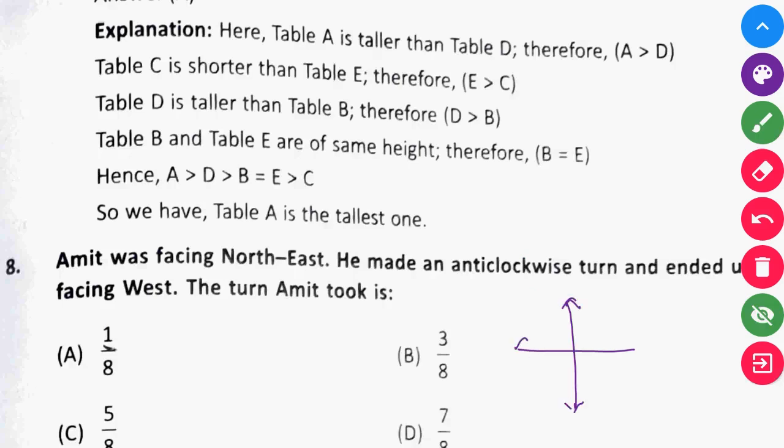The direction which is facing towards upside arrow is north, downside is south, your left hand denotes west and your right hand denotes east. Okay. Now read the question. Amit was facing northeast. Now this, I will show with another color.